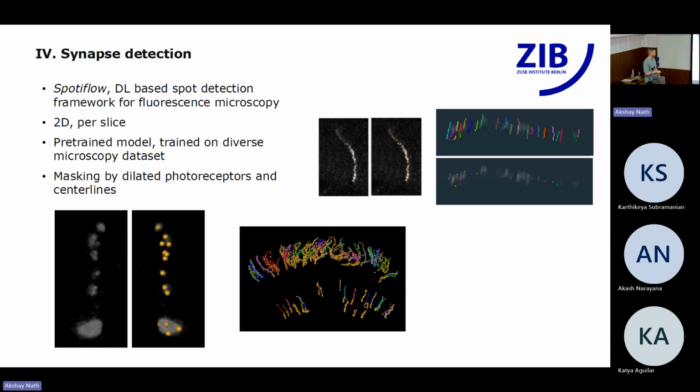Here you can see some results. This is a volume rendering of this photoreceptor channel, and here you can see the predictions of synapses, and they correspond fairly well. And this is an image of all the predicted synapses superimposed on the image of predicted photoreceptors.